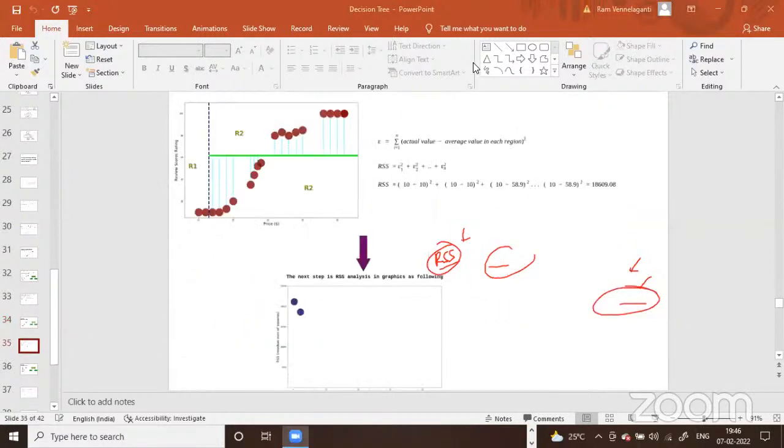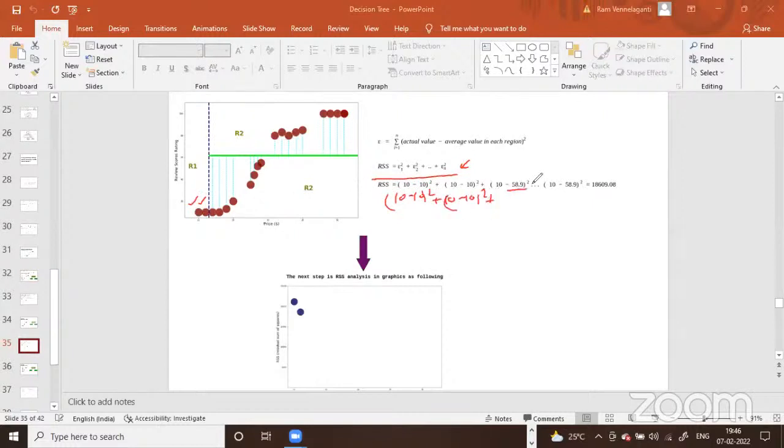Again, it is the same thing. 10 minus 10 whole square plus 10 minus 10 whole square plus, and this term is going to change because the average has changed for us. So 61.8 whole square. Add the square differences of your residuals, and what residual sum of squares value are you getting? 18,000 now.